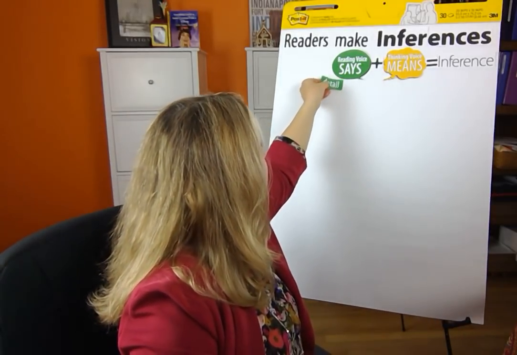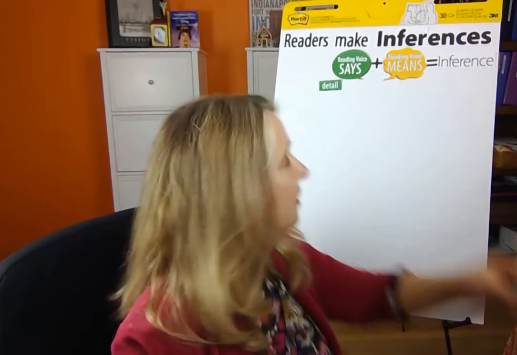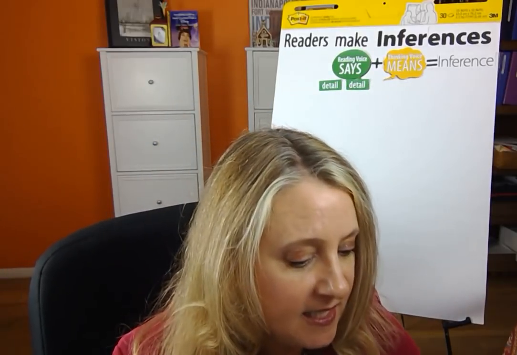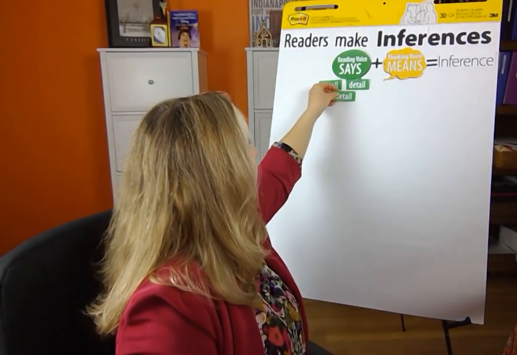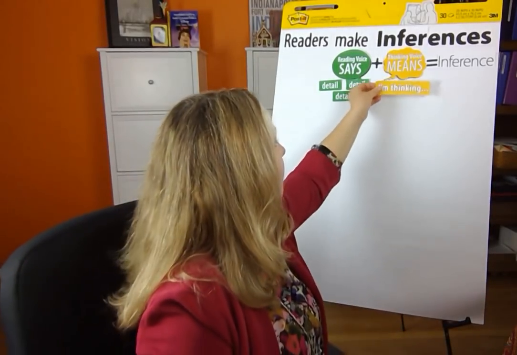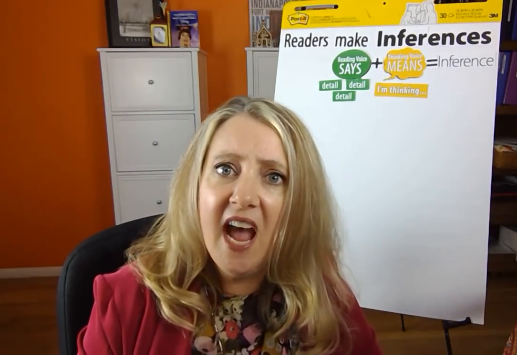So I've got details like we had the rainbow spots, and details because we had the rainbow mane and tail, and detail because we had the horn. And when we put all of those things together, then we said, I'm thinking this is a unicorn. This is a unicorn, yeah.